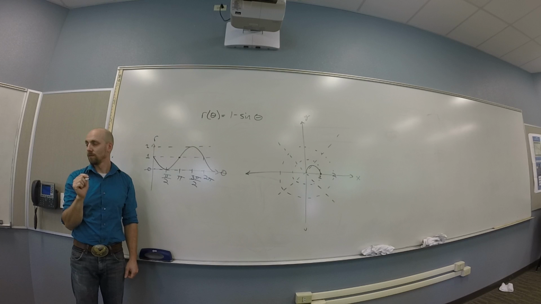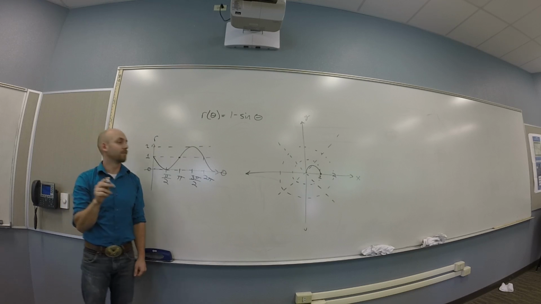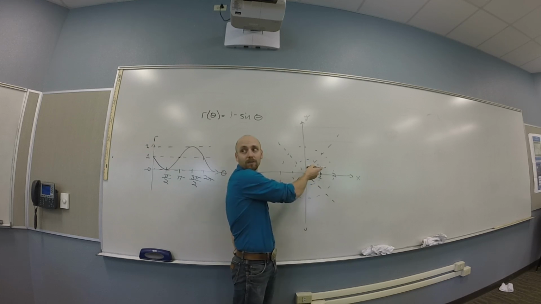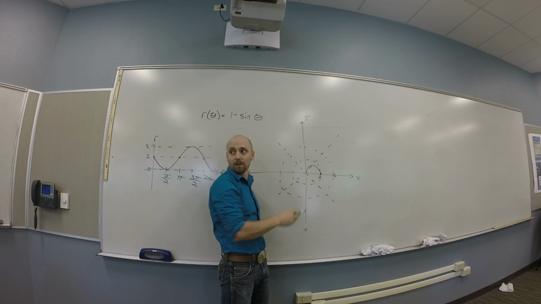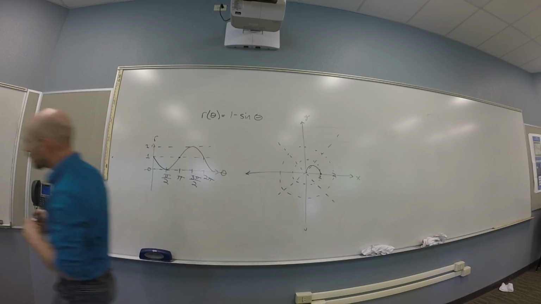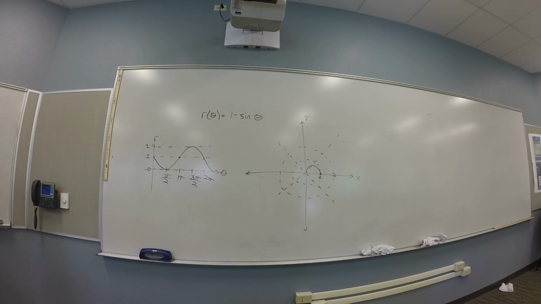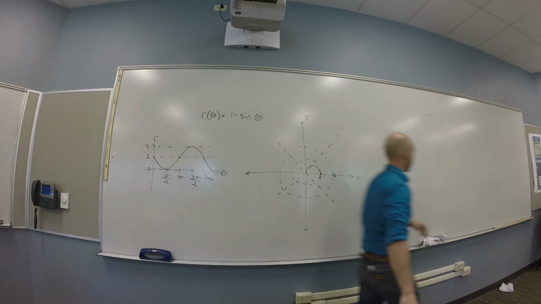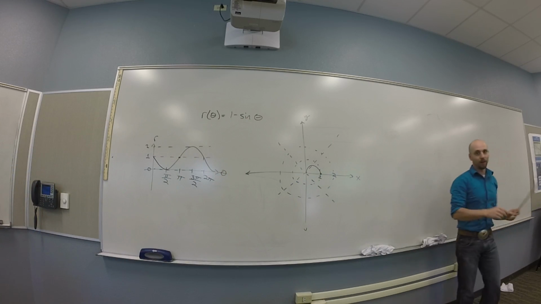Why is it going up? Because as my angle goes from 0 to pi over 2, the radius goes from 1 to 0. There was a little compass over here. Try that with this.